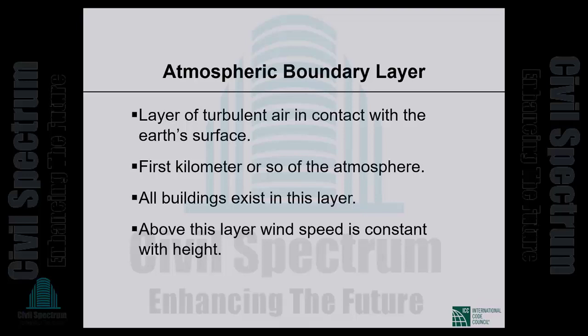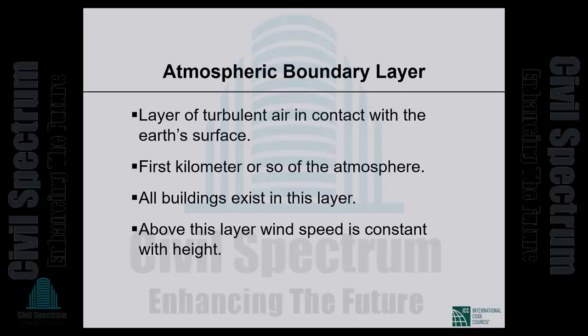K sub Z. Now K sub Z, this is where the atmospheric boundary layer comes in. Atmospheric boundary layer is the layer of turbulent air in contact with the Earth's surface. It is the first kilometer or so of the atmosphere. All buildings exist in the atmospheric boundary layer.